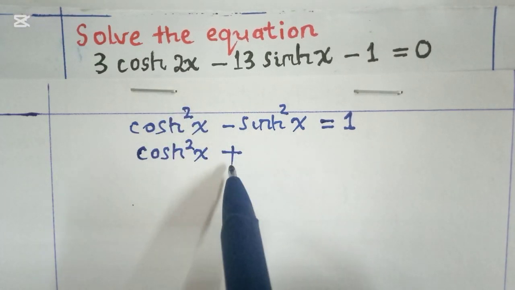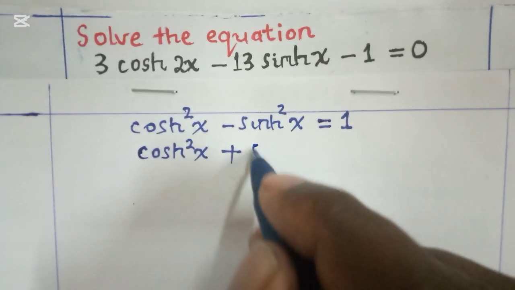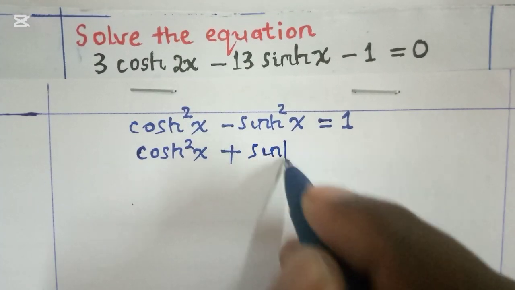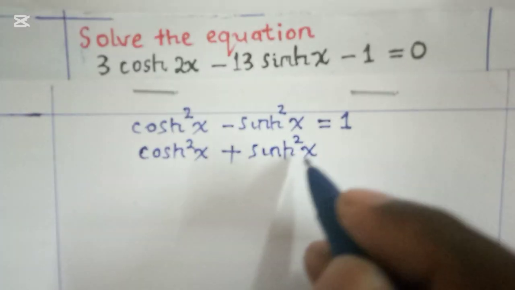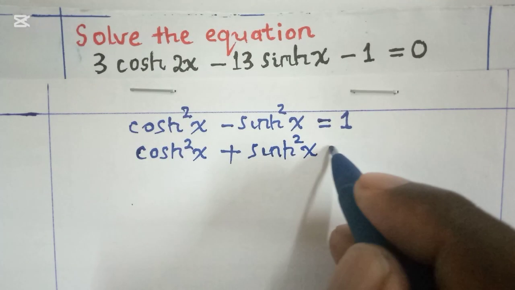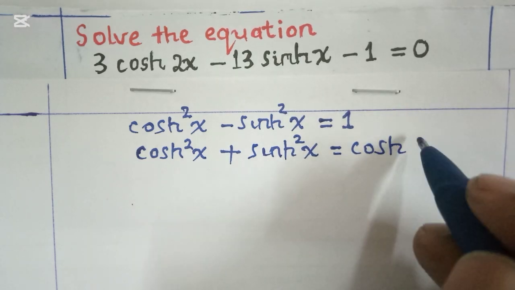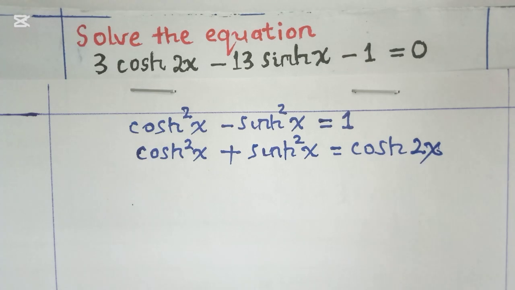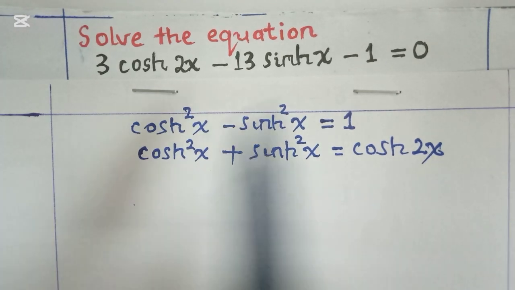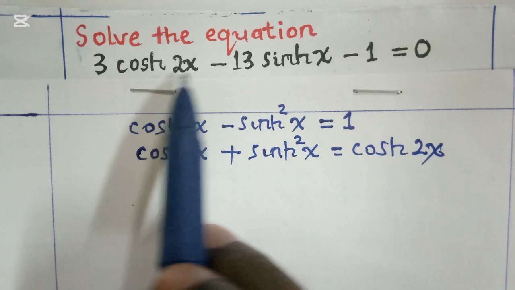So we shall still have a plus, then sinh squared x. This one now gives us cosh 2x.